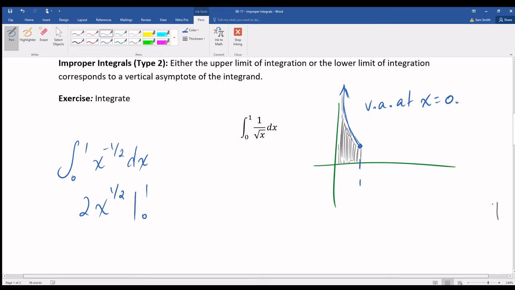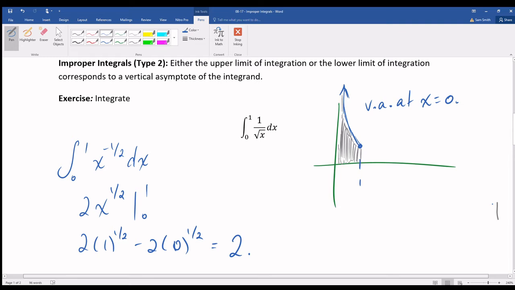Now, in the case that you actually can plug in both limits, you should just go ahead and do that. Plug in x equals 1, plug in x equals 0, take the difference of those two results, and quite magically we find that the area under this curve from 1 to the vertical asymptote at 0 is equal to 2.